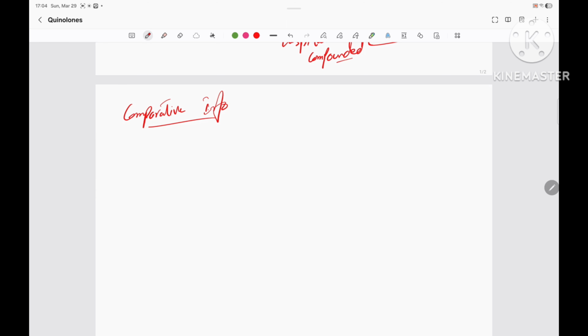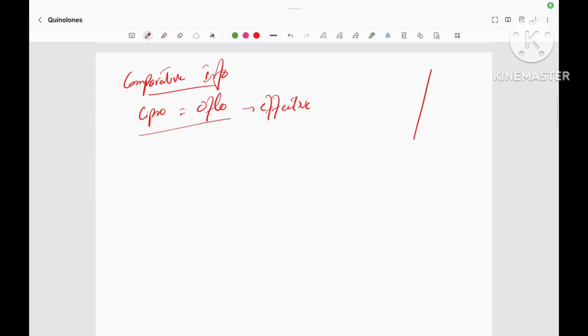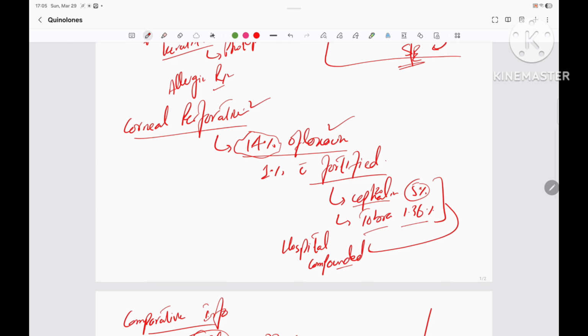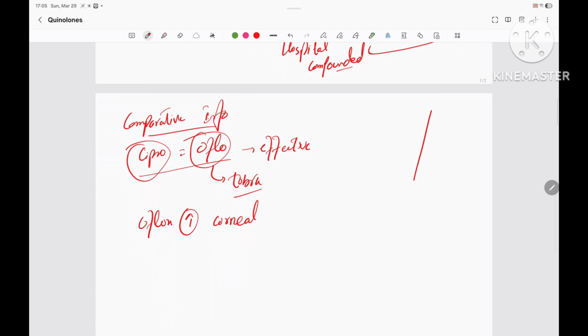As far as effectiveness is concerned, ciprofloxacin and ofloxacin are similar in efficacy to tobramycin. But ofloxacin has better corneal penetration, and that's why the risk of causing corneal perforation is also 14% with ofloxacin.